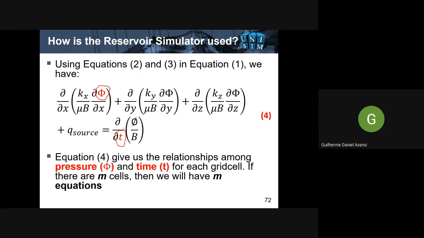So this is the reason that we're not solving all the equations analytically. We are solving numerically. So this is the reason that we use the reservoir numerical simulator in order to solve all these equations. It's impossible to solve analytically. We need to solve numerically.